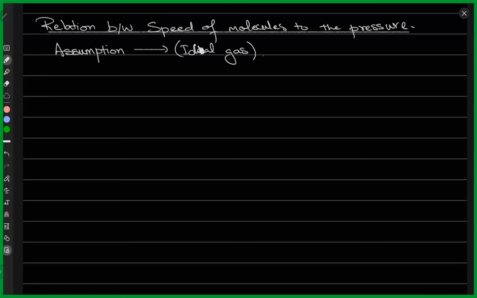So that's what we'll be doing at this point. All right, so the first assumption is that the forces between the molecules are very small. So there are negligible forces between the molecules.